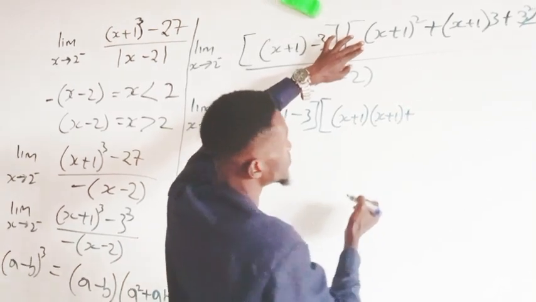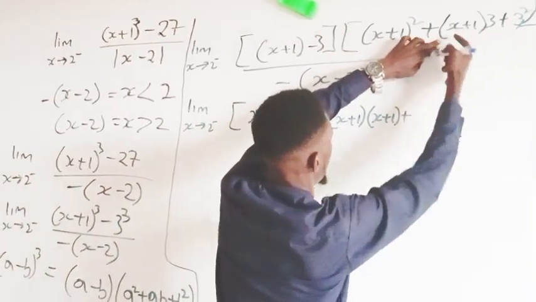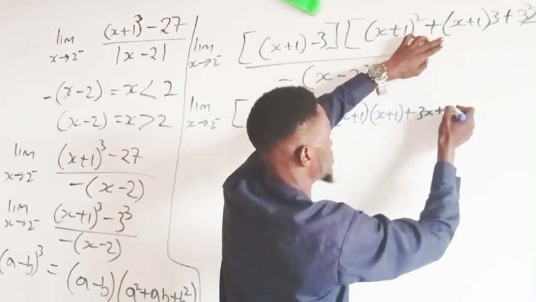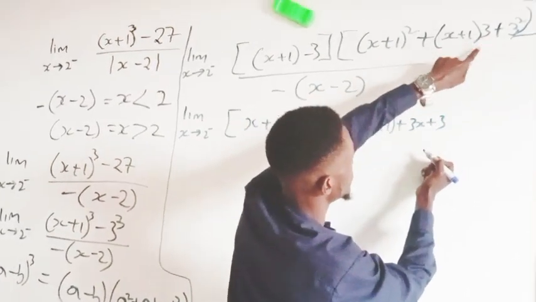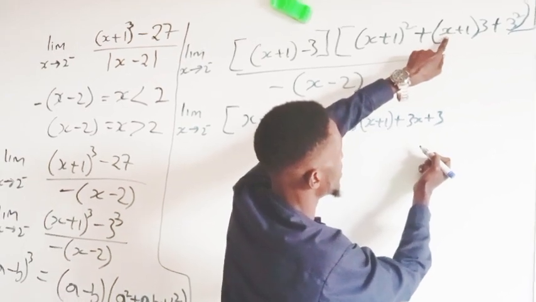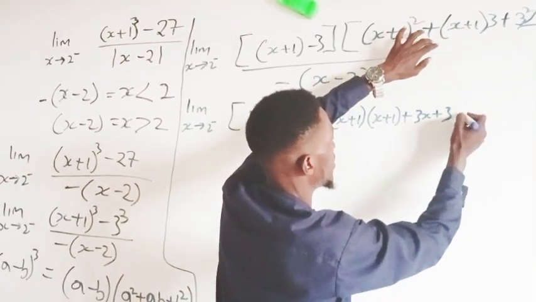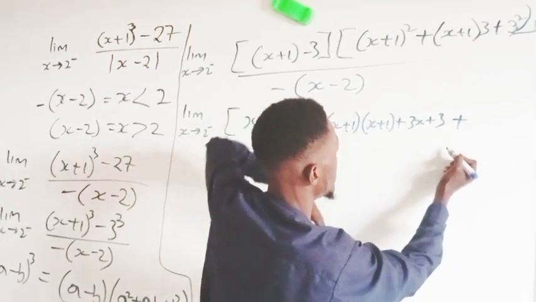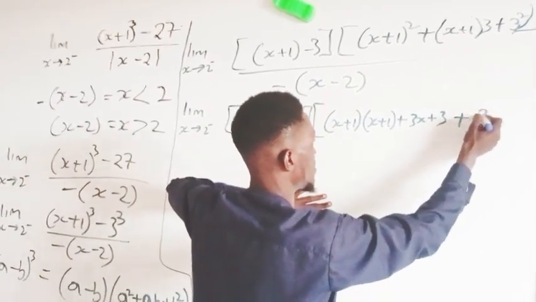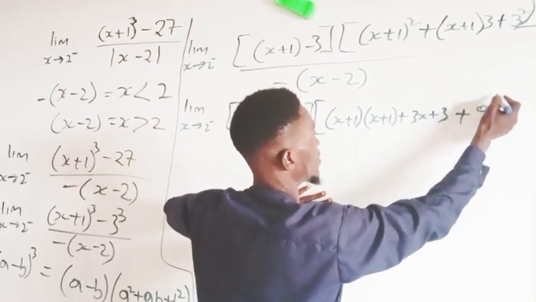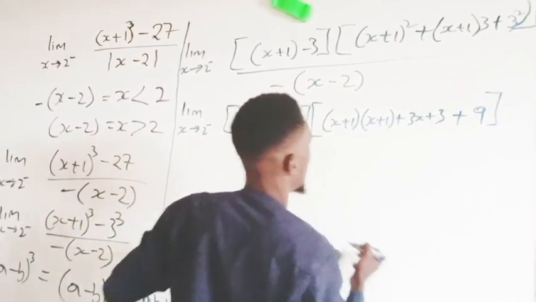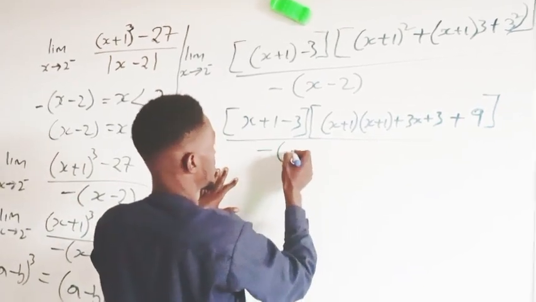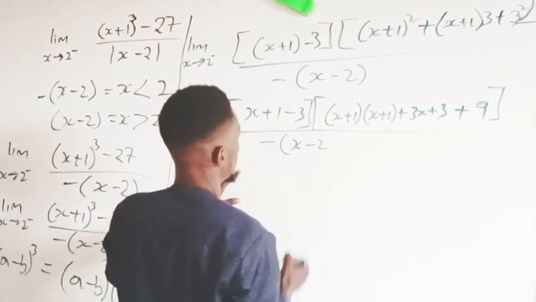Plus 3 times x is 3x, plus 3 times 1 is 3. This 3 is going to distribute across x plus 1, okay? And plus 3 square. Since I'm writing 3 times 3, 3 times 3 is 9, okay? So let me close it. Everything divided by minus bracket x minus 2, and close the bracket.